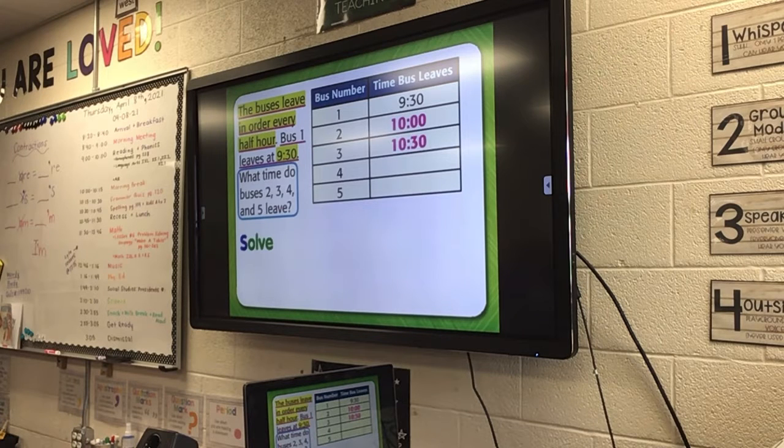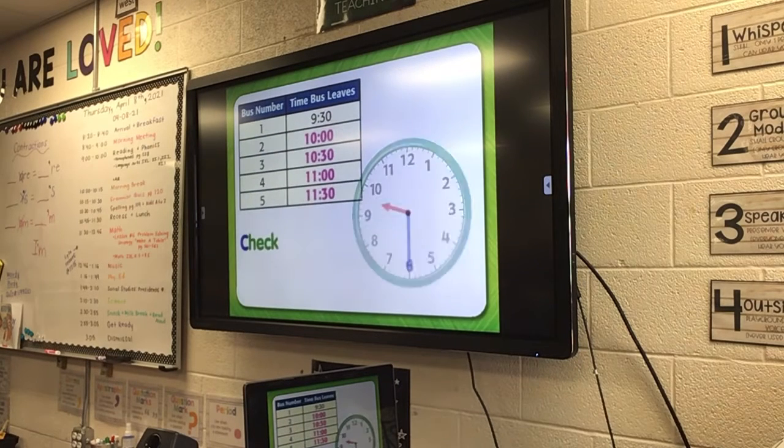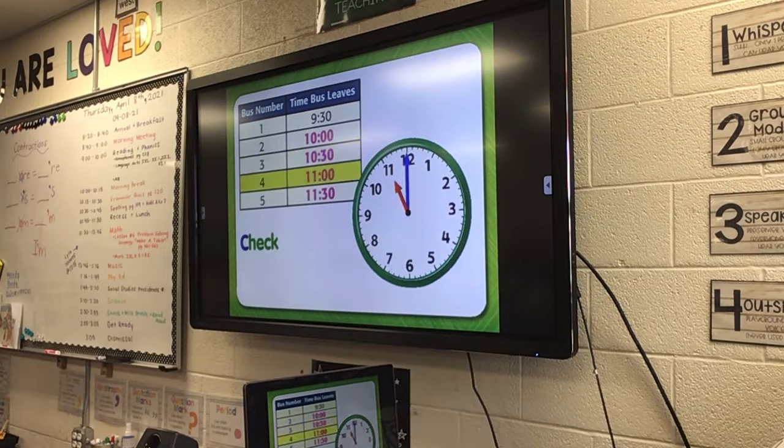Bus 4 leaves at 11 o'clock, which is a half hour later, and bus 5 leaves at 11:30. Let's check our answer. Is our answer reasonable? Our answer is reasonable because each bus left 1 half hour or 30 minutes later than the bus before it.